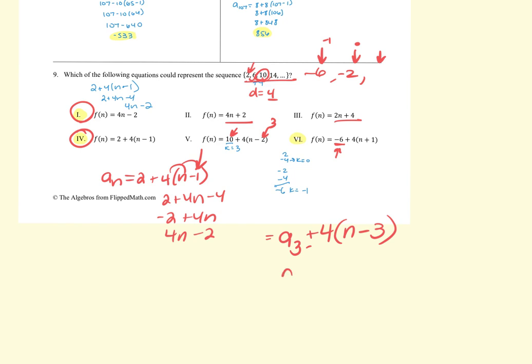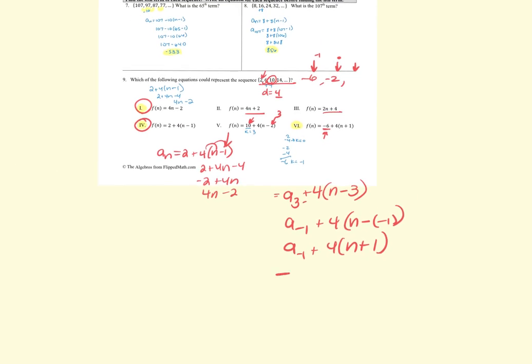So my A negative 1 plus 4 times N, instead of subtracting 1, I'd actually have a plus 1, which is where A negative 1 plus 4N plus 1 comes from. And it's negative 6. To me, that was the trickiest one because you had to work backwards. But you have to see, can that value be in your arithmetic sequence? And it can be. You could either count it out or you could have plugged it in.